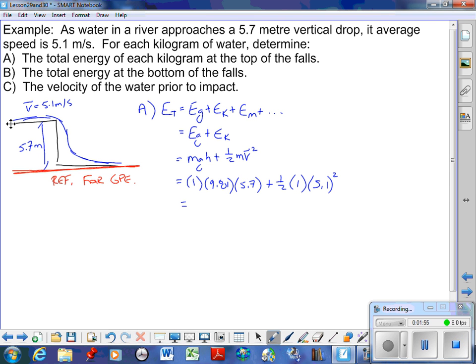So 9.81 times the 5.7 plus half of 5.1 squared equals, so let's call it 69 joules per kilogram. So therefore, each kilogram of water has 69 joules of energy.